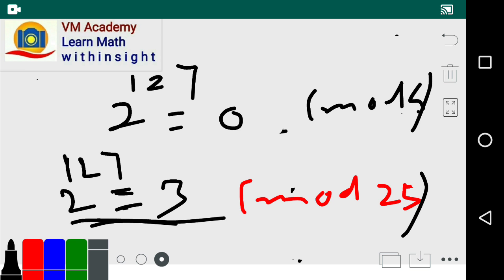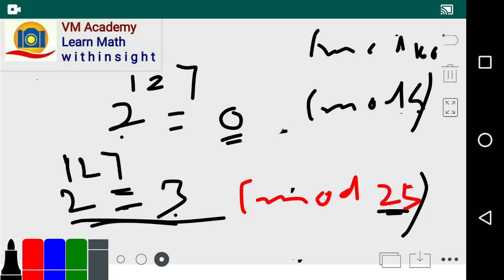Now, friends, for calculating 2 raised to 127 modulo 100, we have to consider a number from 0 to 99 such that when it is divided by 4 it leaves remainder 0, and when it is divided by 25 it leaves remainder 3.